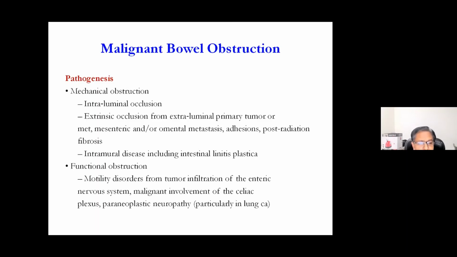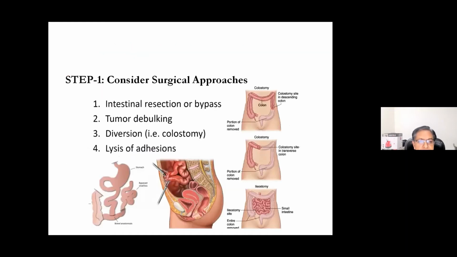At times, it could be functional obstruction because the patient may have a motility disorder because of the involvement of various neural components, and that's why at times it could be paresis as well. The approach, depending upon the assessment, could be a surgical approach, which is usually considered for complete obstructions which are primarily because of cancer.